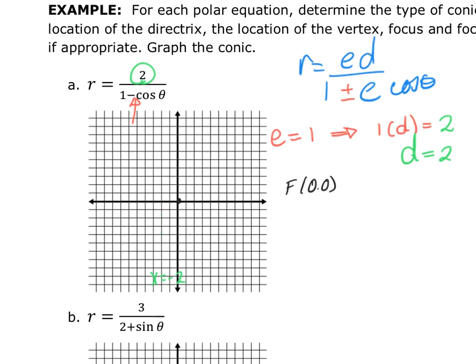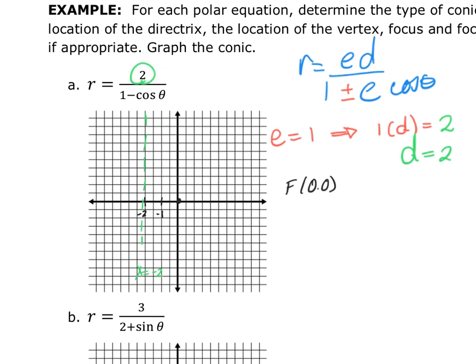I'm going to move my directrix slightly over, and make these each worth 1, so 2 of them will be equal to 1. So here's where my directrix was, at x is equal to negative 2.